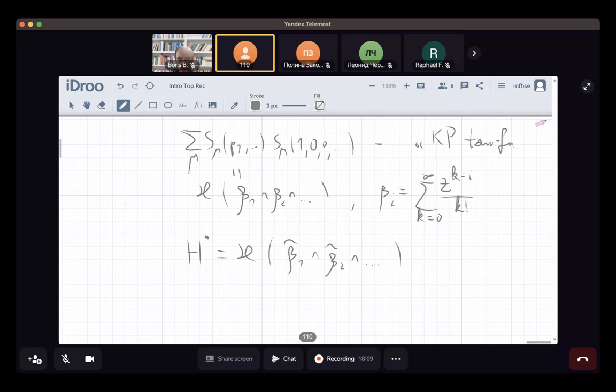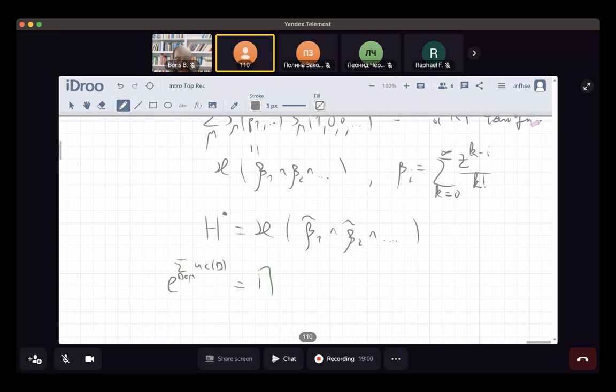Let's denote this, and represent it as a product over boxes in mu of y of c of box.